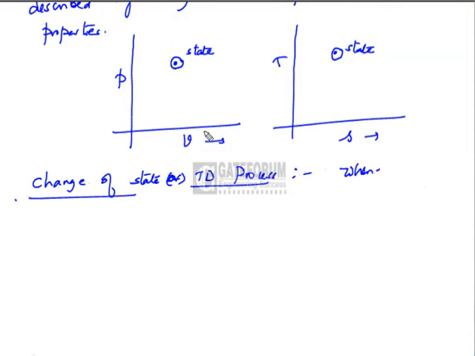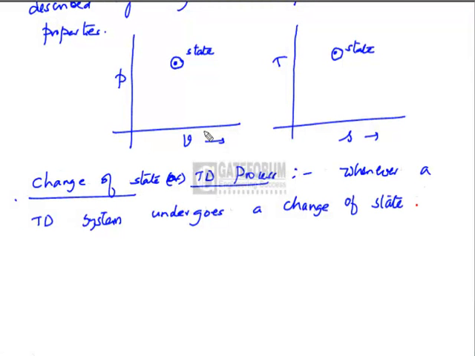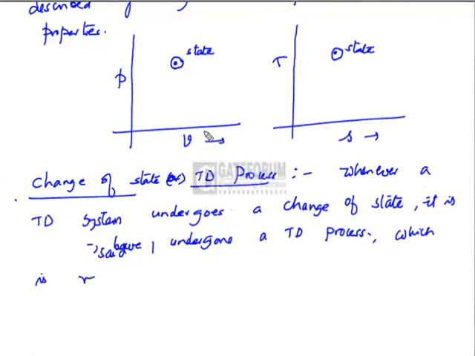Whenever a thermodynamic system undergoes a change of state, it is said to have undergone a thermodynamic process, which is represented by a thermodynamic path.